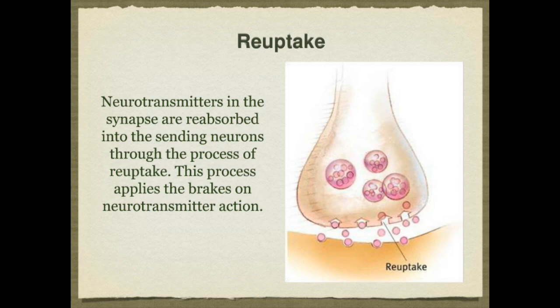Then we've got reuptake. We've got the neurotransmitters that are released out into the synaptic gap, and they bind to the dendrite, and they tell the receiving cell to fire. Now, what do we do with all those neurotransmitters that didn't bind to the dendrites? They're just floating around out there in the synaptic gap. If the neuron leaves them out there, then there's a chance they could make the neuron fire again by mistake.